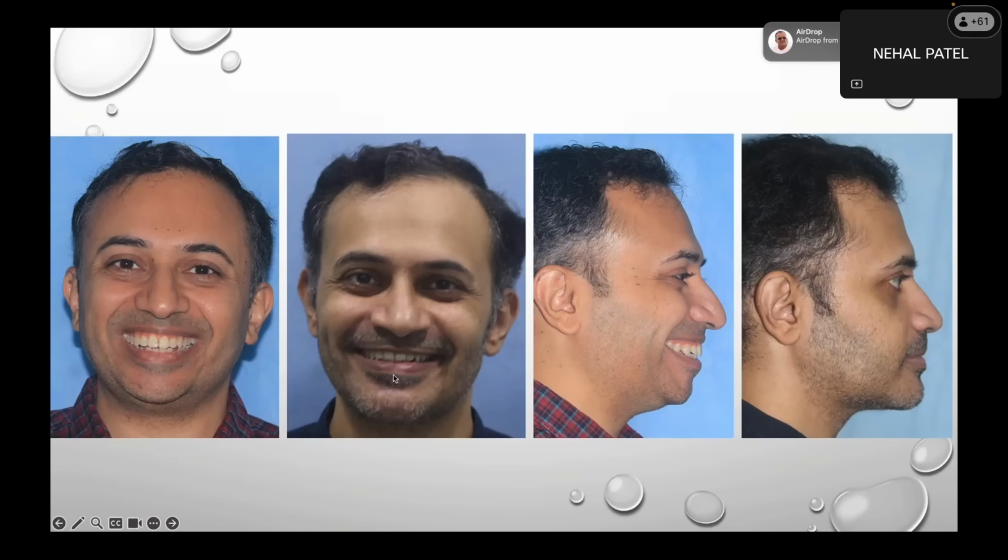This is an impaction where the maxilla is impacted around 3 millimeter, with counterclockwise rotation where posteriorly it has come down, and that's where we get advancement of the mandible.